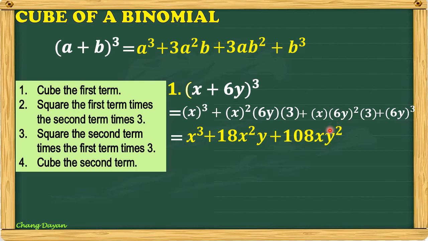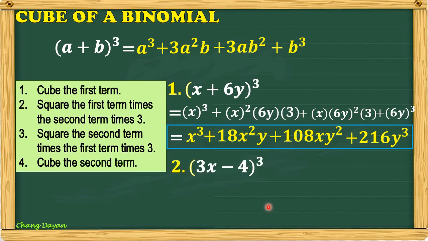We'll have 108xy squared. Then cube the second term. 6y times 6y is 36y squared, times 6y will get 216y cubed.